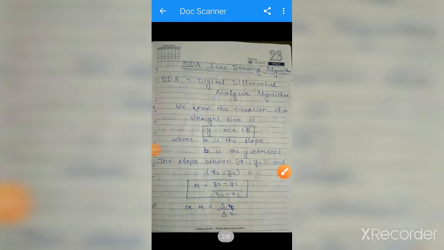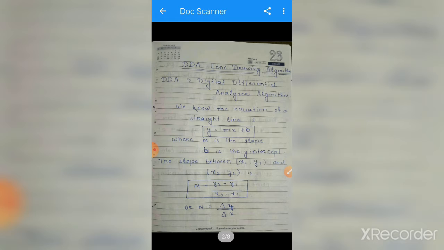Line drawing algorithm. To draw a line, we have two algorithms. One is the DDA algorithm, another one is Bresenham's line drawing algorithm. DDA stands for Digital Differential Analyzer algorithm. These two algorithms follow some mathematical equations.